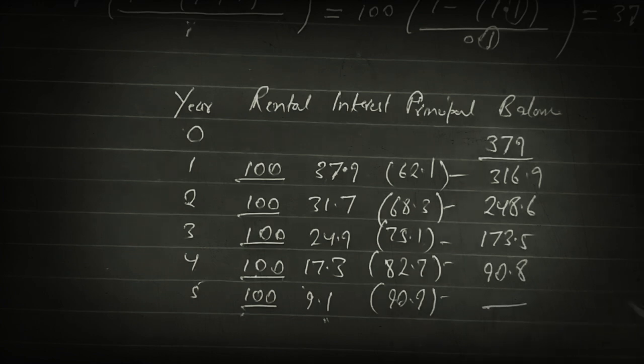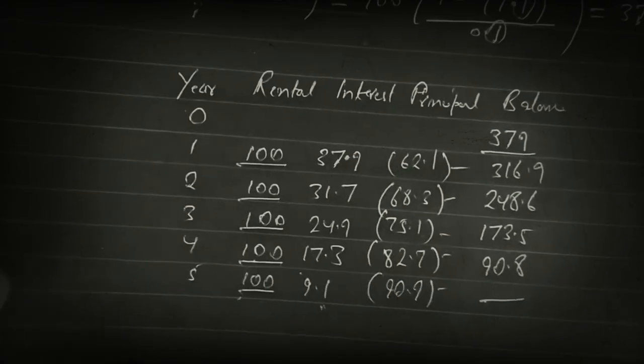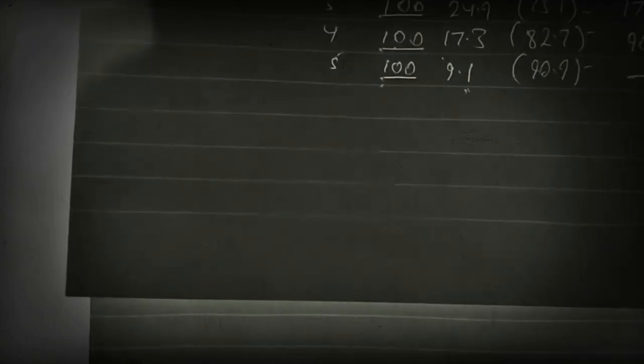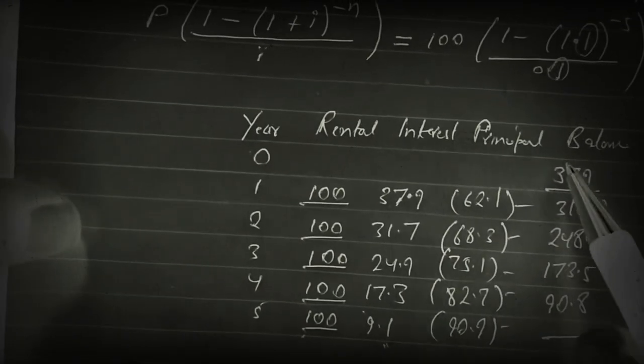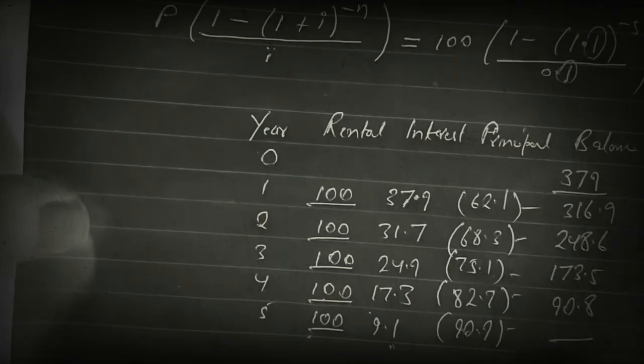So now it would be better to begin with the subsequent accounting of the lease liability. So in the first year, as you can see, at the start of the lease, 379 was credited as lease liability and debited as a lease asset. So let's remake that entry.